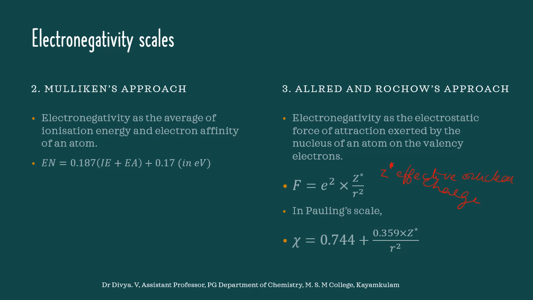This is a representation in Pauling scale. Okay, and the electronegativity values obtained are found to be remarkably closer to those obtained by Pauling and Mulliken. So these are the different approaches for measuring electronegativity. Okay.